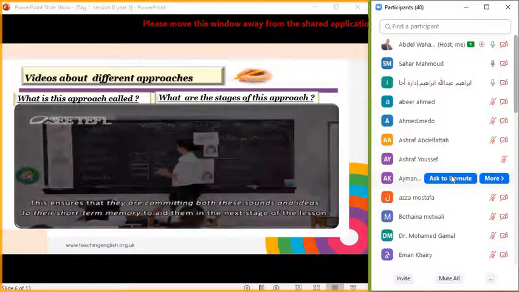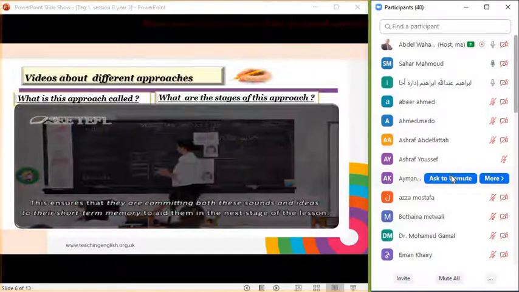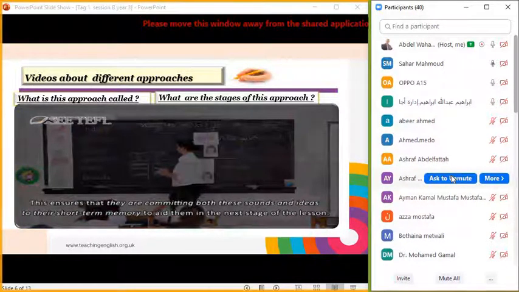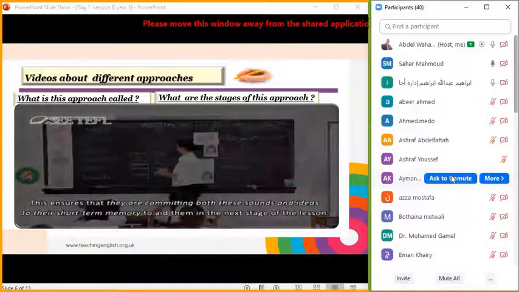She depended only on drilling. All the time she is talking and the students are repeating after her, nothing else. So there is no pair work or even group work for students to practice the language. As my friend said, it's poor teaching and a boring lesson as well.